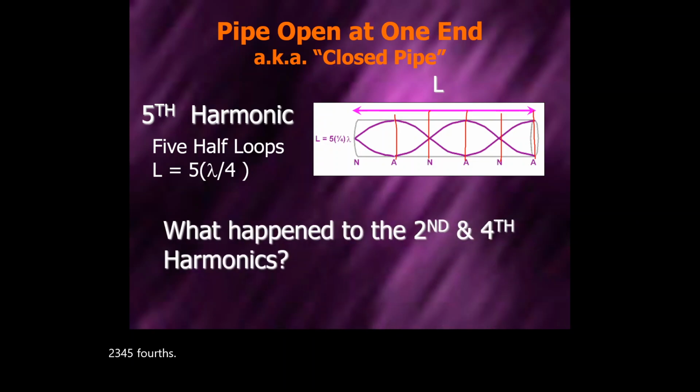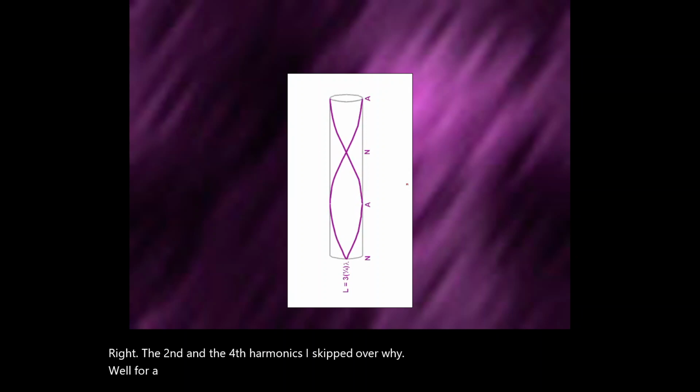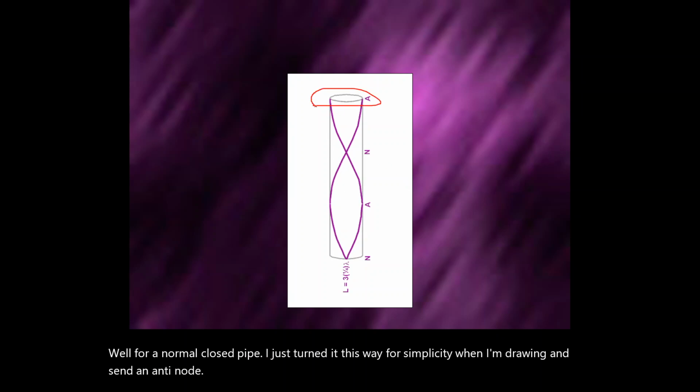Now, did you notice I skipped 2? The 2nd and the 4th harmonics I skipped over. Why? Well, a normal closed pipe, I just turned it this way for simplicity when I'm drawing, ends in an antinode.